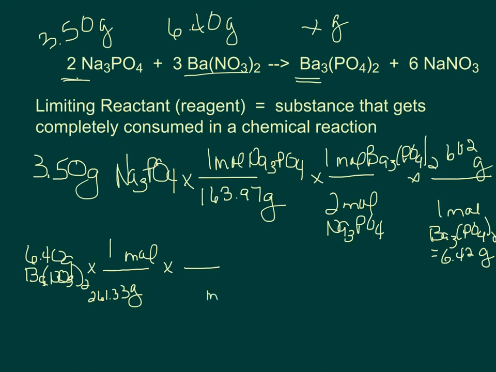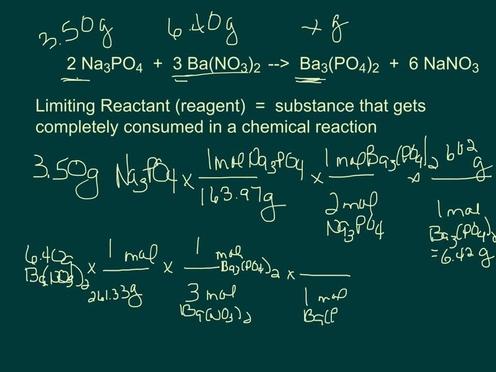So we're going to take our moles of barium nitrate, our given, to our moles of our unknown, which is our barium phosphate. And in the balanced equation, barium nitrate has a coefficient of 3, and barium phosphate again has a coefficient of 1. And then our final step is going to be to convert moles of barium phosphate, 1 mole, to grams. And our molar mass, we said, was 602 grams for the barium phosphate.